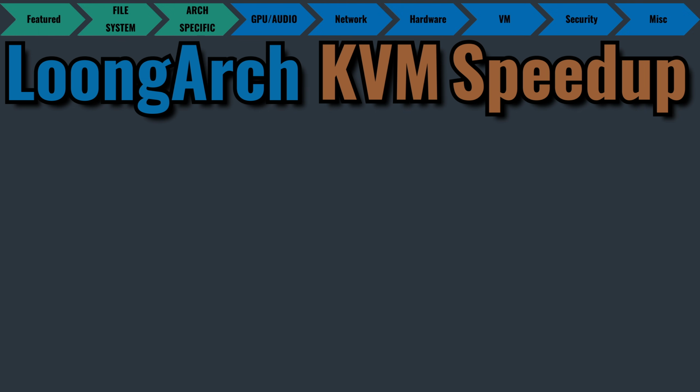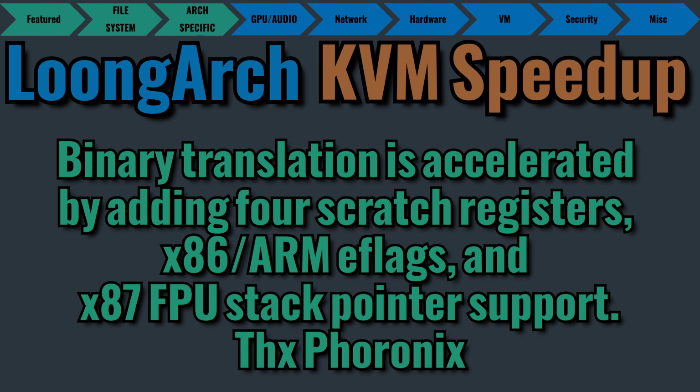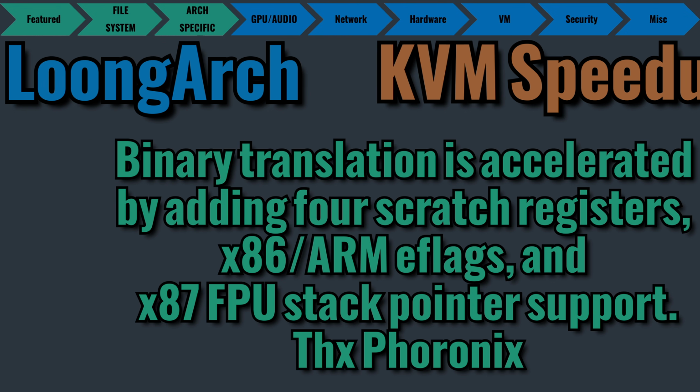The way that they're accelerating this is because there are 4 registers inside of the CPU that allow for some special flags that are used often. So it speeds things up to be able to use those registers to, well, emulate, or in that case translate, ARM or x86 binary.